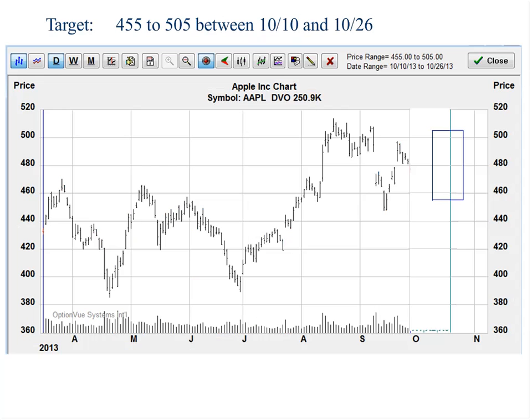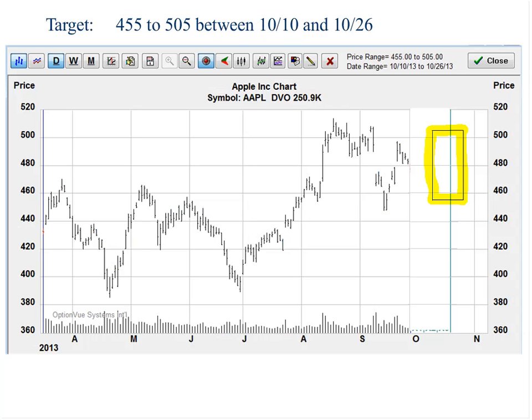Let's say that you're going to peg Apple to go into this box between 455 and 505, and it's going to enter that box and finish in the box between October 10th and October 26th. That's the date range. The price range is staying the same.